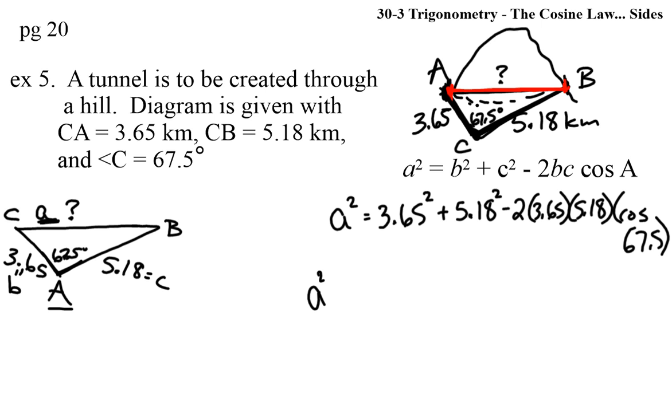3.65 squared gives us a value of 13.32. 2 decimal places will work fine. Plus 5.18 squared.